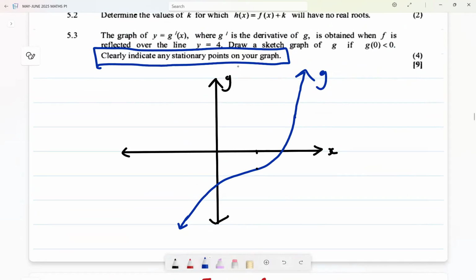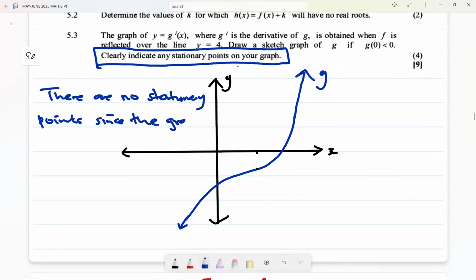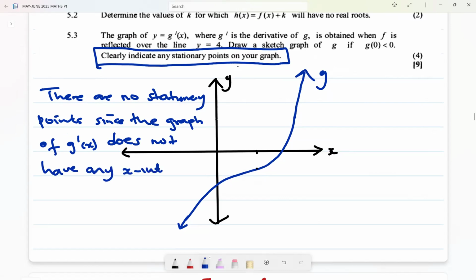I'd say there are no stationary points, since the graph of g prime of x does not have any x-intercept.